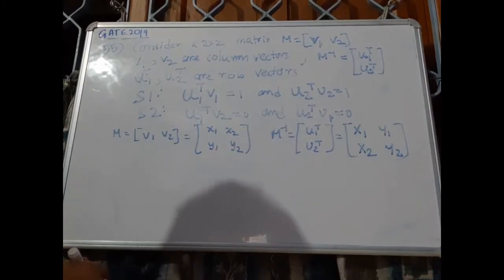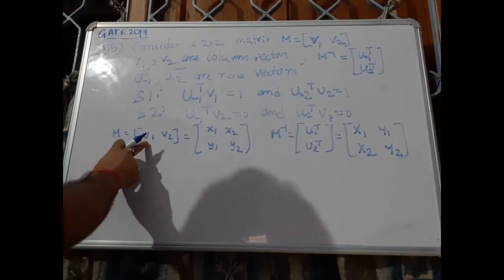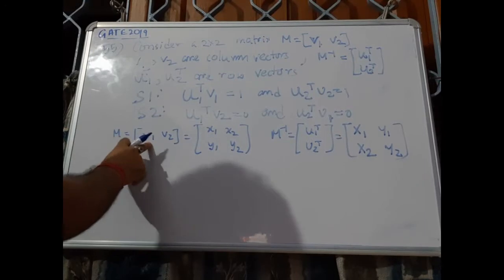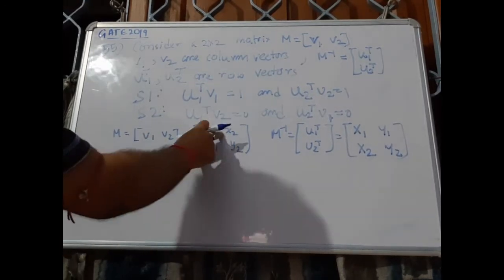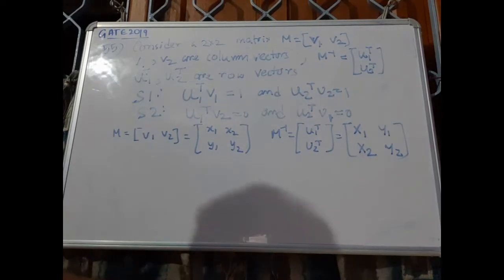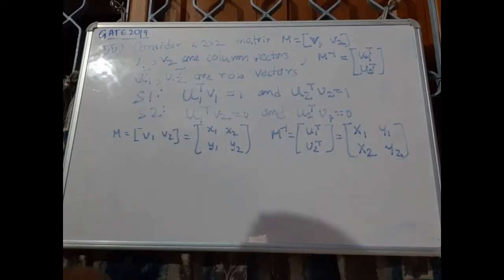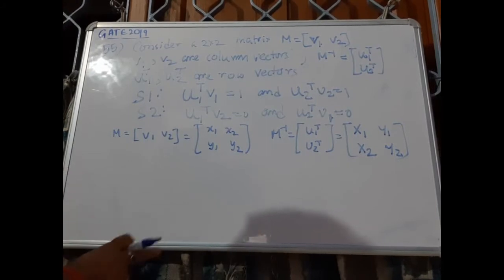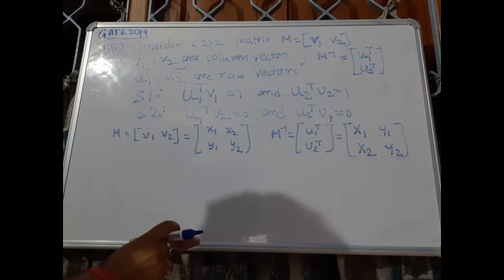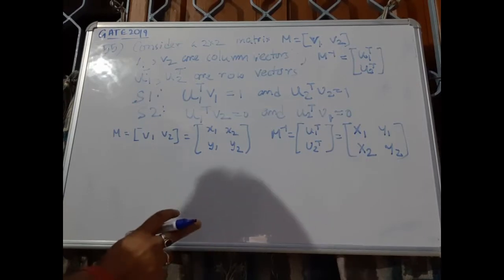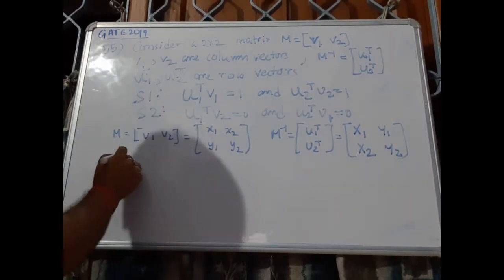Now the column vector V1 will be x1 y1 and column vector V2 will be small x2 y2 obviously, and U1 transpose will be x1 y1 in capital, U2 transpose will be x2 y2 in capital.